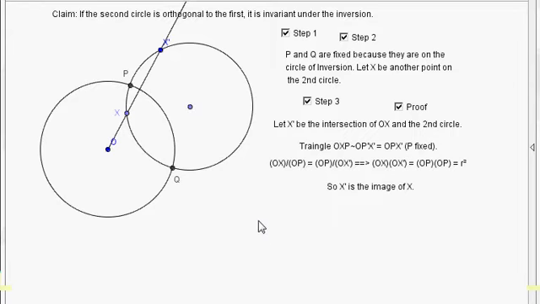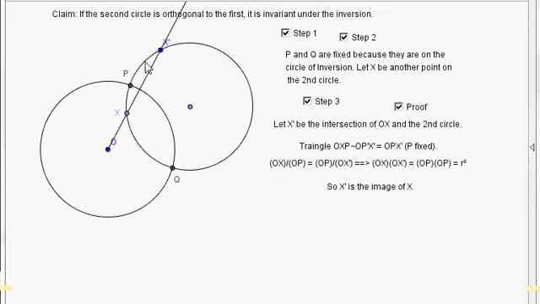Since they're similar, we can look at the ratios of the sides. OX over OP is the same as OP over OX prime, setting up the proportional sides. If we cross multiply, that implies that OX times OX prime is equal to OP times OP. OP is the radius, so that's r squared. That tells us that X prime is actually the image of X because OX times OX prime equals r squared.